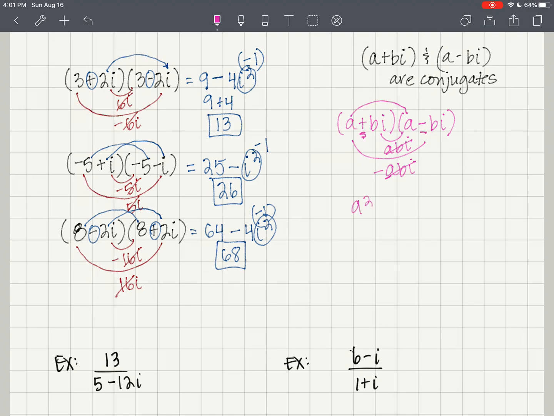A positive times a negative is a negative b squared i squared. And i squared is negative 1. So we'll have a squared plus b squared. So when I take a complex number and multiply it by its conjugate, we get a squared plus b squared.